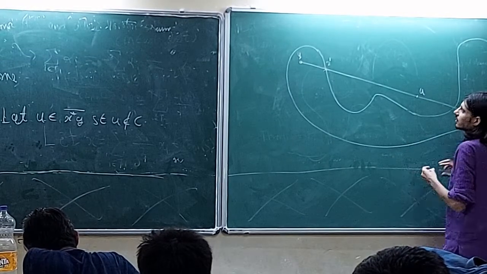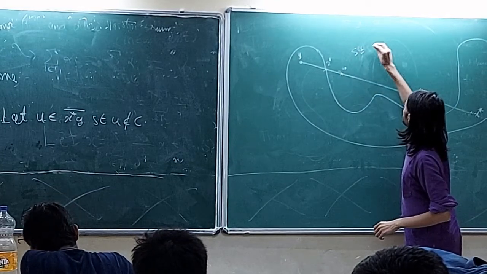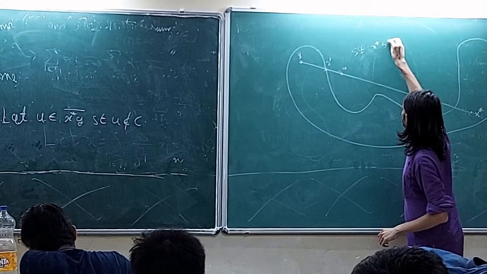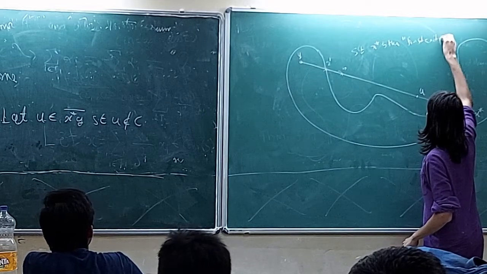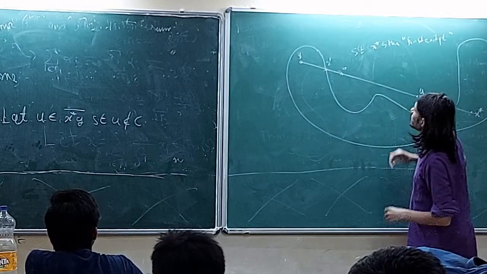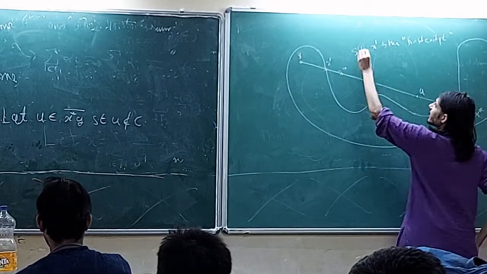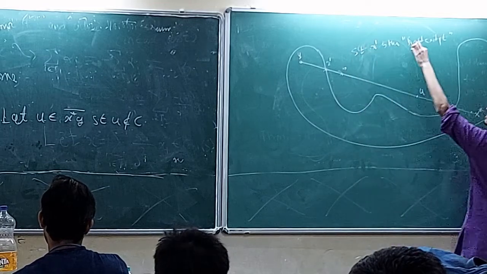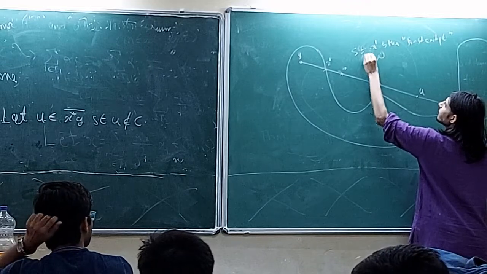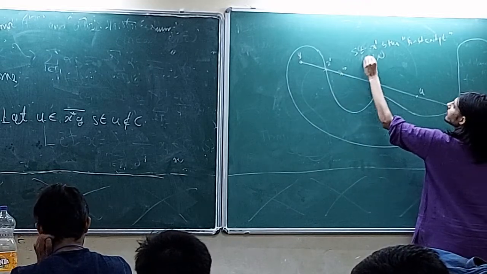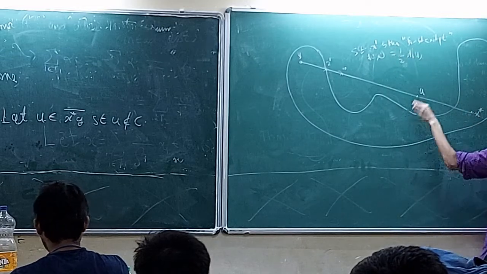So we pick a point here W such that x prime is the first exit point, and the distance between W and x prime, where W lies on this line segment, is exactly half the distance from U to any point on this compact set.